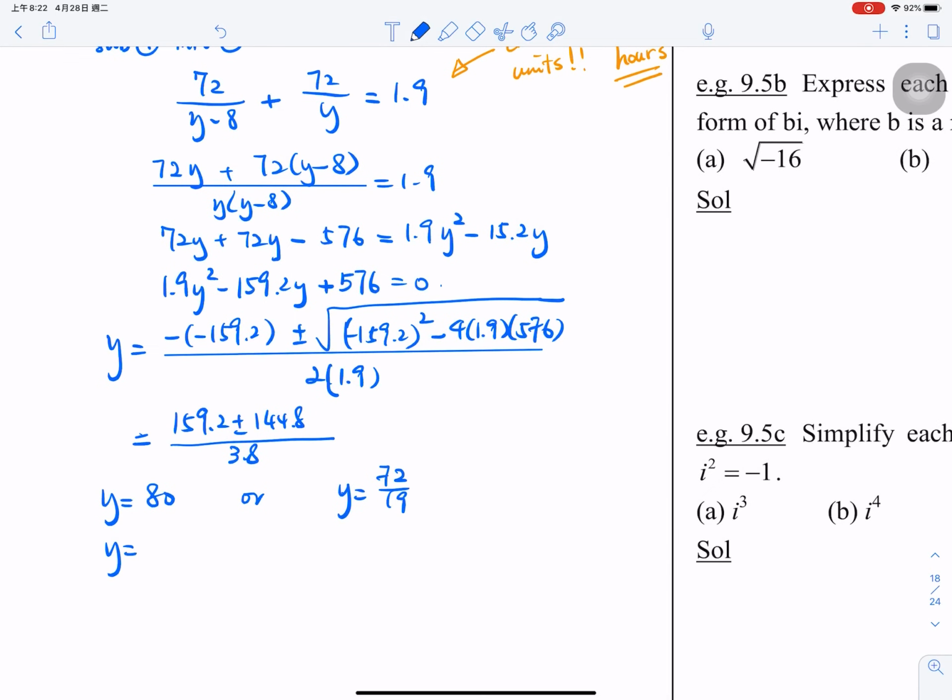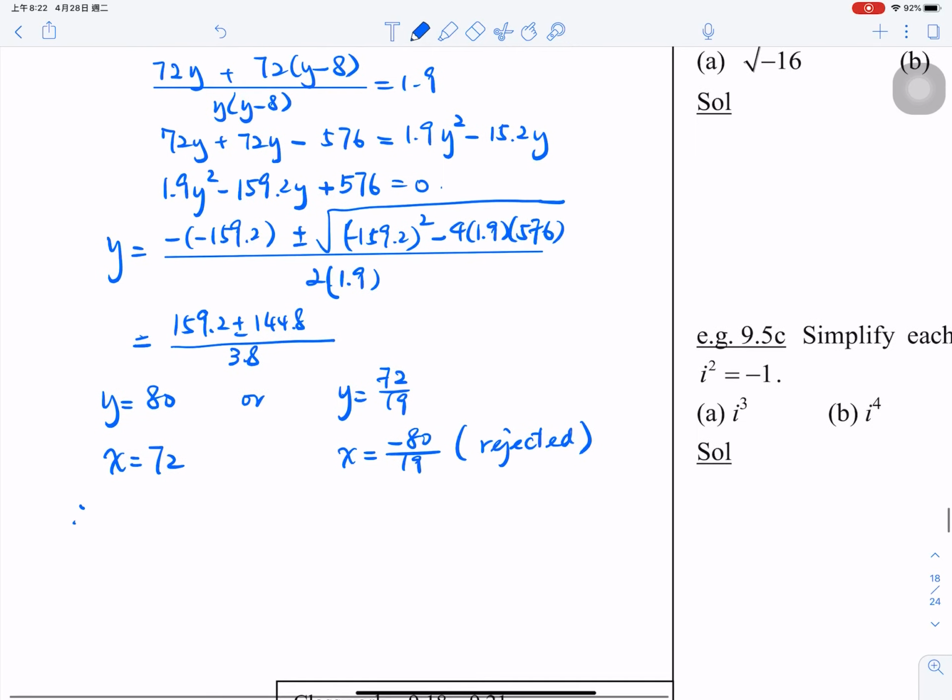The other one, x. Let's check. So here x equals 72, and for the other, x becomes a negative value. So it cannot be. Reject this part.